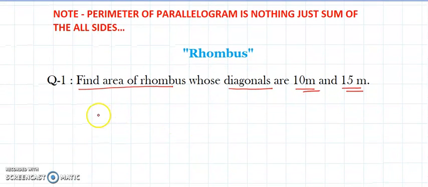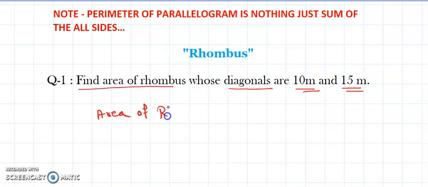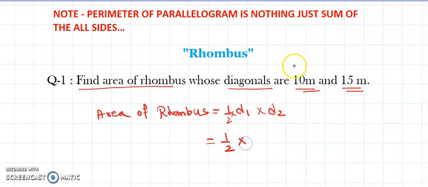So as we know, the area of a rhombus is equal to 1 by 2 into diagonal number 1, that is D1, and diagonal number 2, D2. Let us substitute the values 1 by 2. Let us consider this as D1 and this as D2. So it will become 10 meter multiplied by 15 meter.